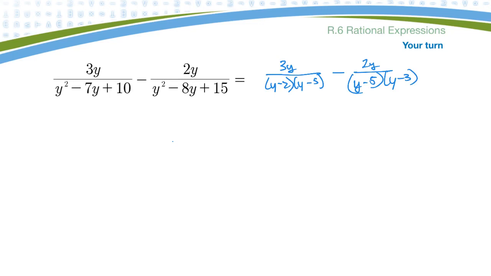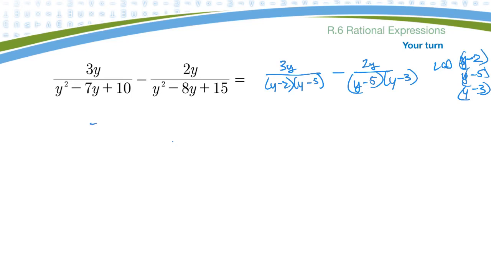I think those are factored correctly. So my lowest common denominator will be a y minus 2, y minus 5, and a y minus 3. So I'll need to include all three of those.